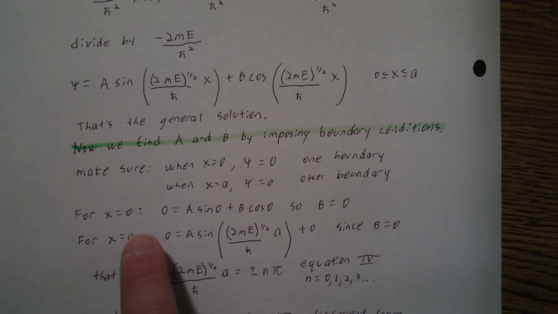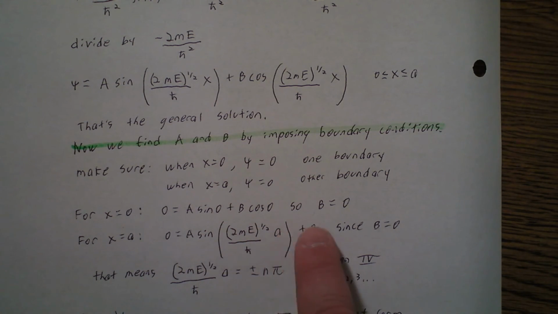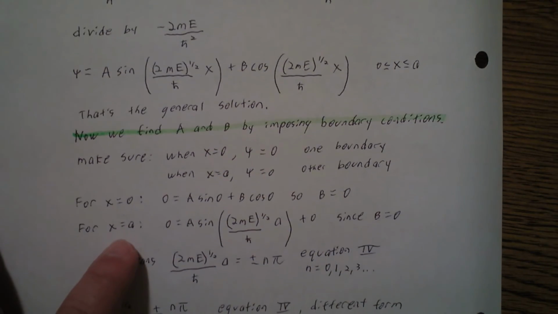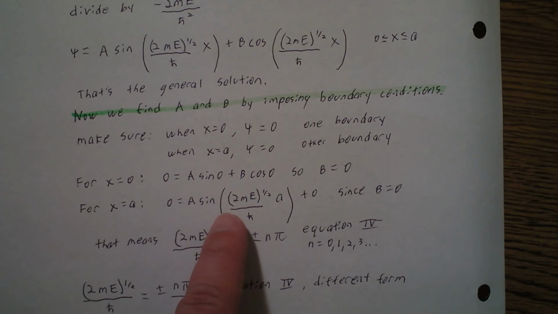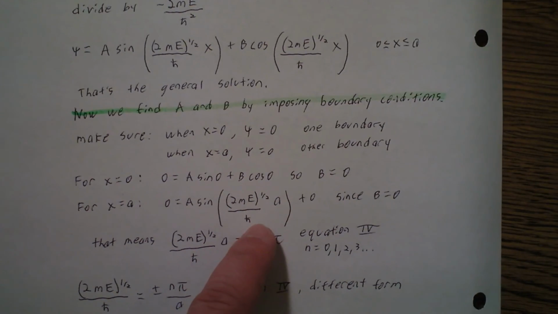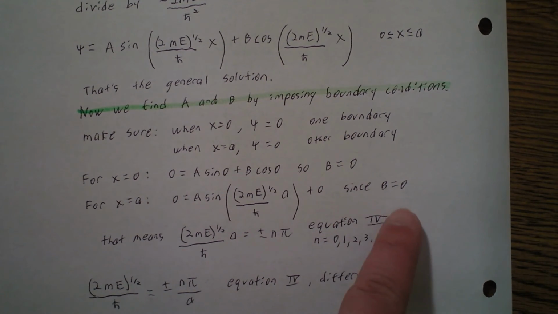So for x equal to 0, we just say 0 is equal to a sine 0 plus b cosine 0. So b has got to be equal to 0. And for x equal to a, we get 0 equals sine of the square root of 2mE over h bar times a, plus 0, since b is equal to 0. So we substituted that in.